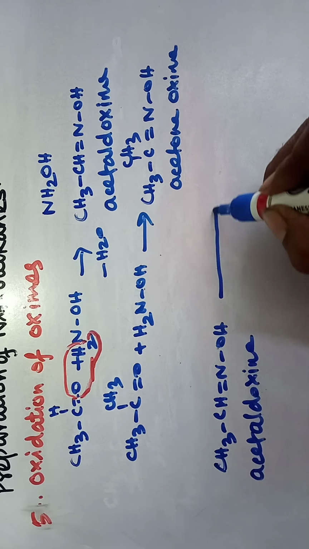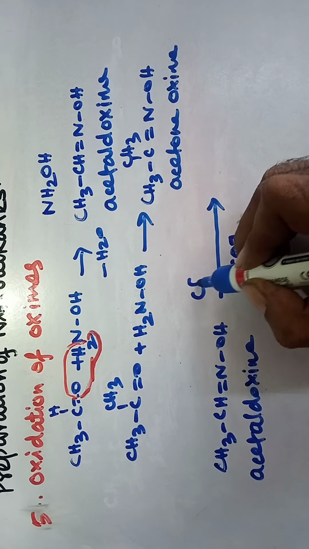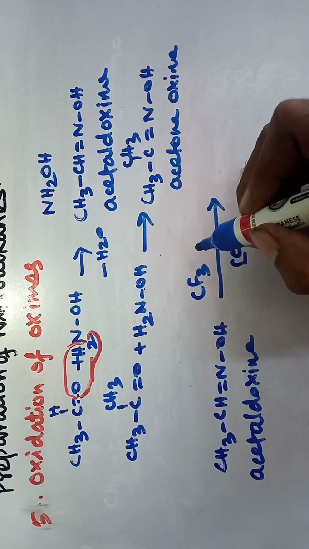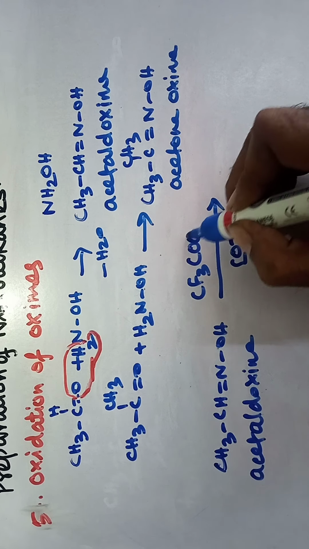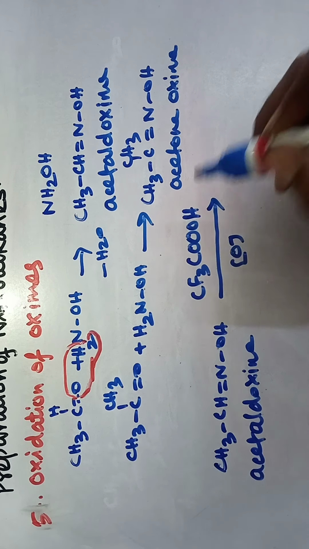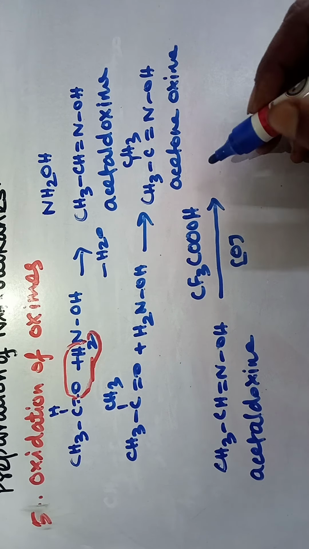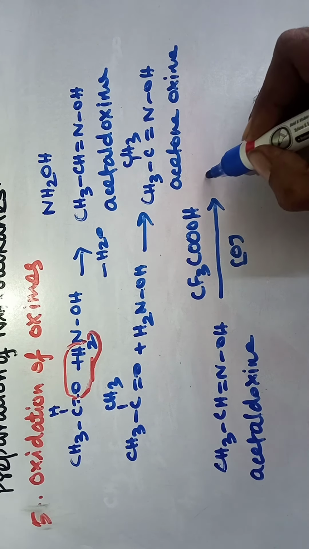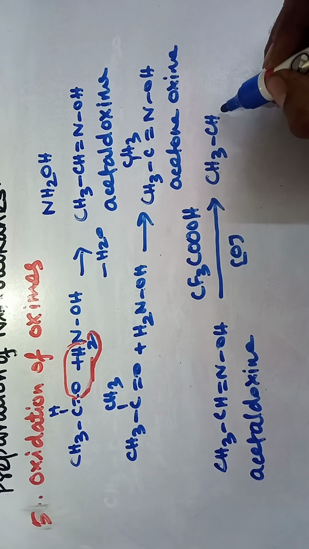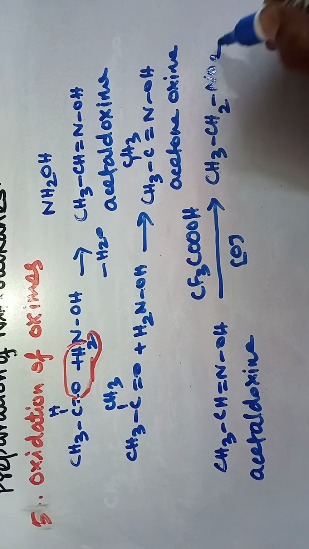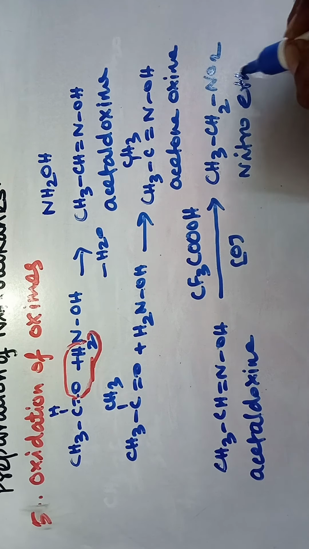It is oxidized in the presence of trifluoroperoxyacetic acid. It gives nitroethane, CH3 CH2NO2. This is the nitroethane.